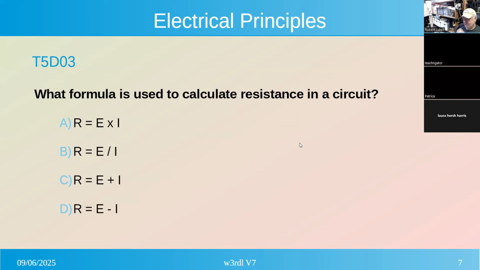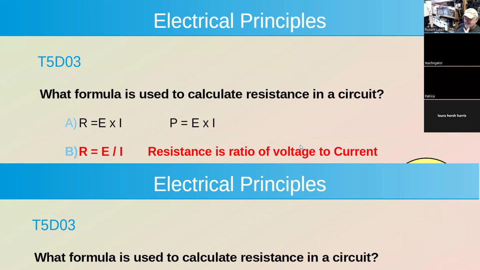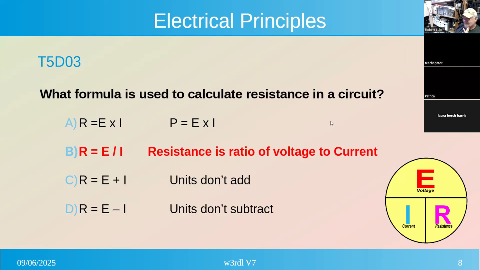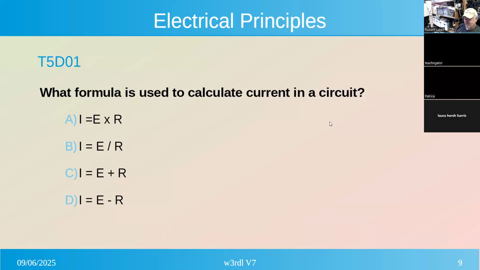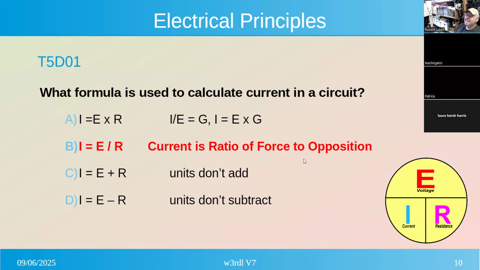E over I. What formula is used to calculate current? I equals E over R.